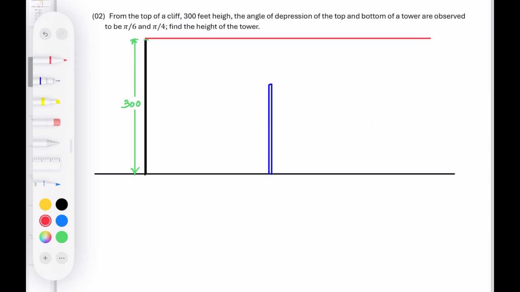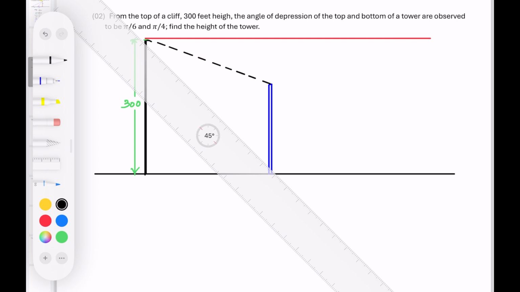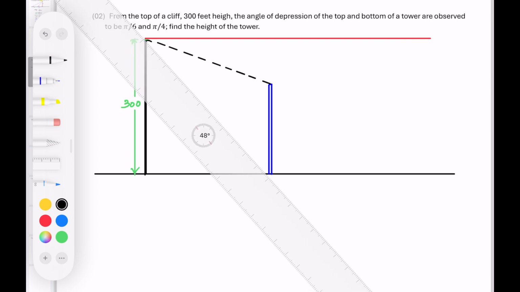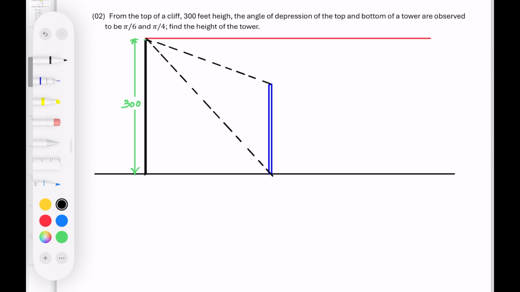Now I need to show the angle of depression to the top and to the bottom of the tower. Like this, I will show the angle of depression to the top of the tower. And like this, I will show the angle of depression to the bottom of the tower. Now I need to show the given angles.